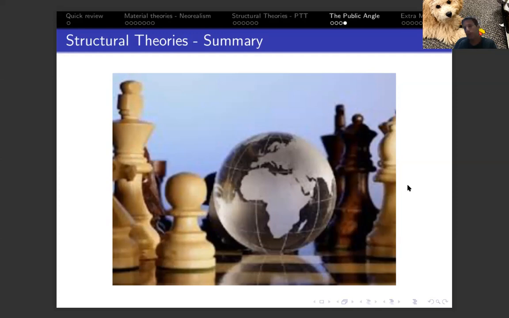Mostly the international system is the main structure that determines the behavior of the different units, the different nations. They also share assumptions about rational behavior and the unitary actor. So you are looking at the states as a unitary actor, not looking at the internal dynamics of the states. Military and economic powers are the main tools of statecraft according to those theories.